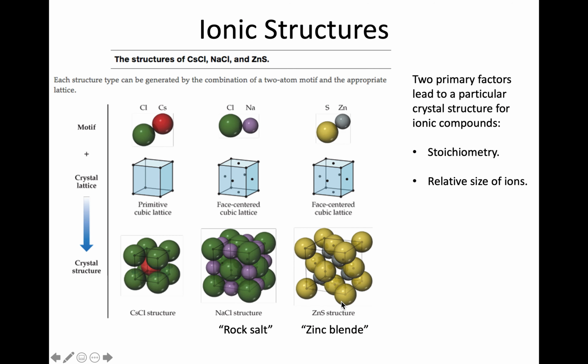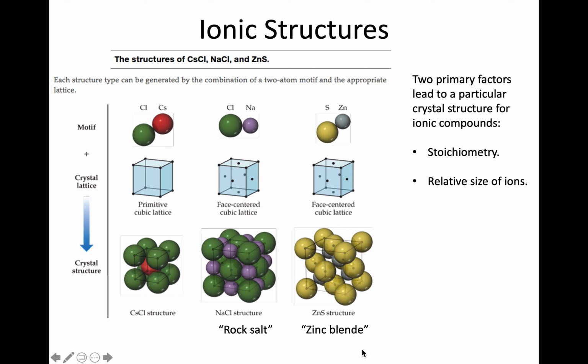Now we have different ways that we can do this. So here I show a few different examples. Within our analysis here, we have to match the correct stoichiometry. And we also need to consider how the size of the ions will be affecting the structure. So if we look within this, we have several different crystal lattices. We saw what it means to have a primitive cubic lattice, face-centered cubic.